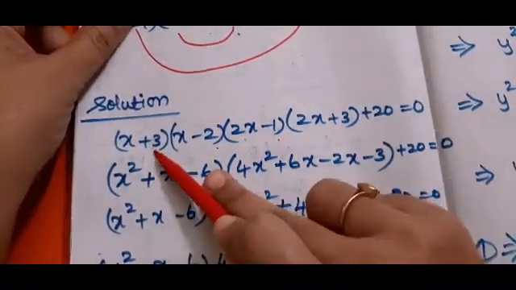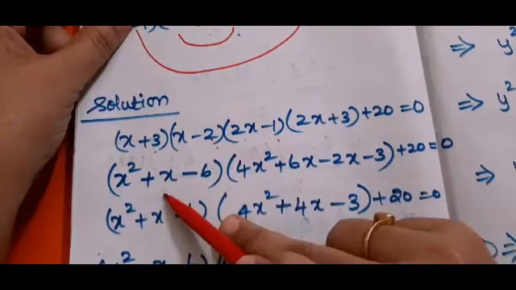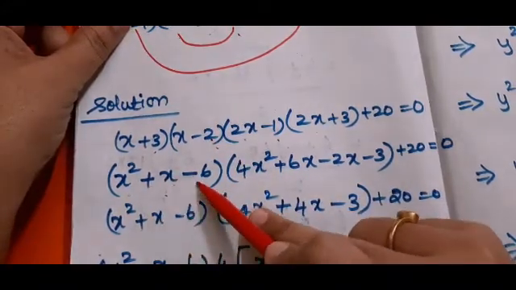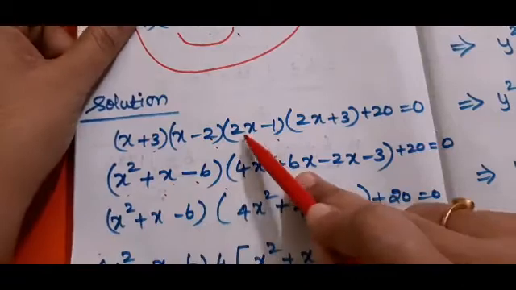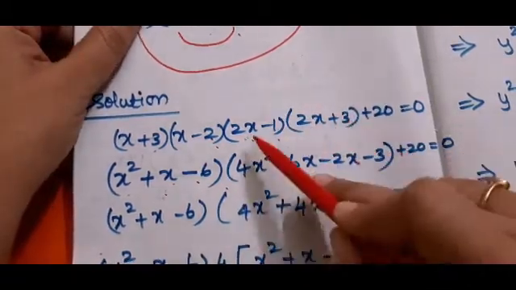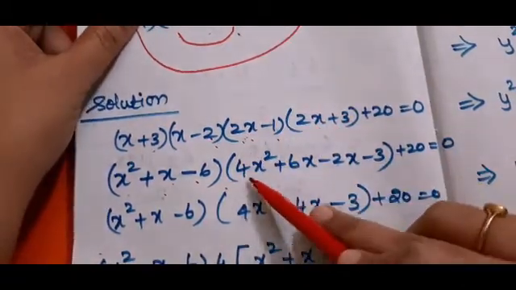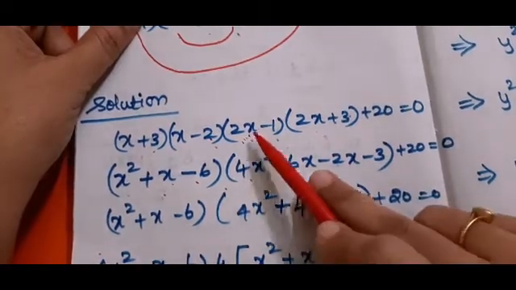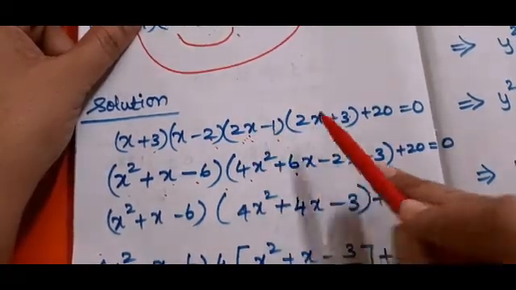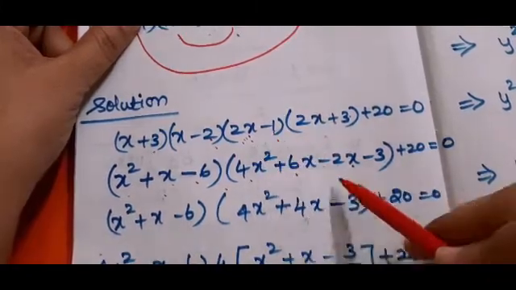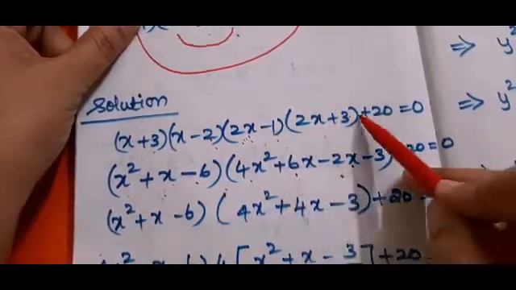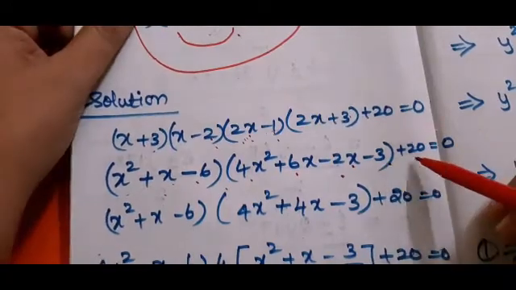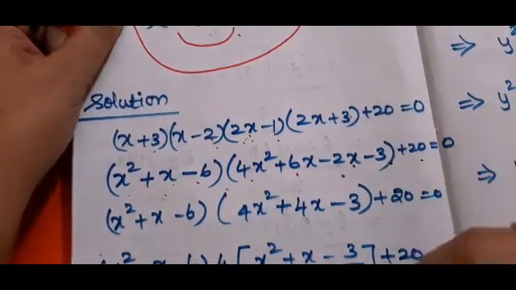So, if you multiply this term by this term, you will get x square plus x minus 6 into, if you multiply this term by this term, 2x into 2x is 4x square, 2x into 3 is 6x, minus 1 into 2x is negative 2x, minus 1 into plus 3 is minus 3, plus 20 is equal to 0.